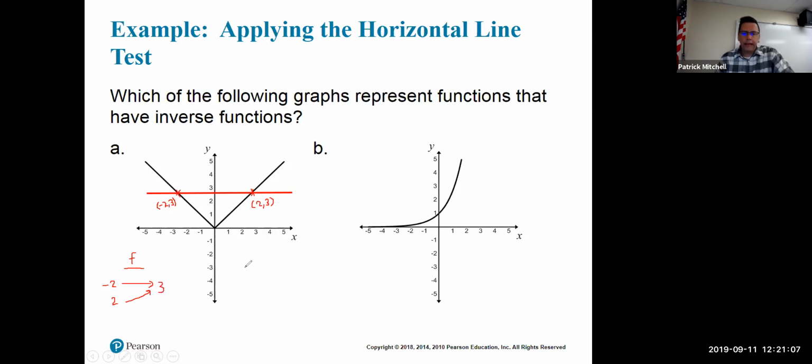But if this thing were to have an inverse function, look at what it would be trying to do. It would be trying to take the number 3 over to both the numbers 2 and -2. And that is a big no-no. This is not a function, all right?